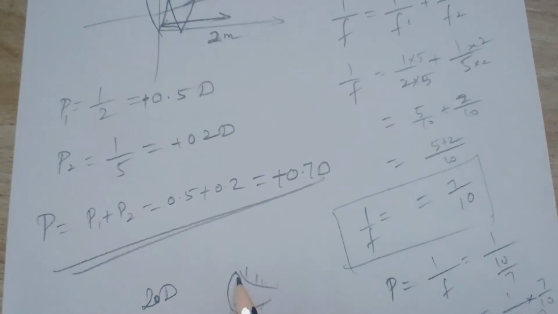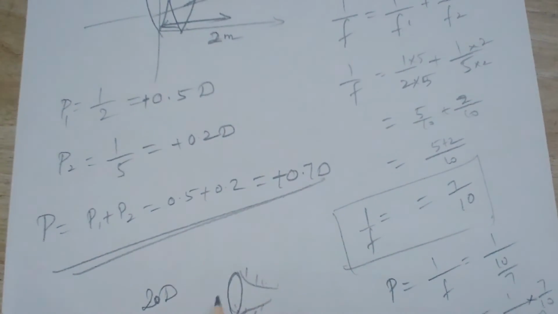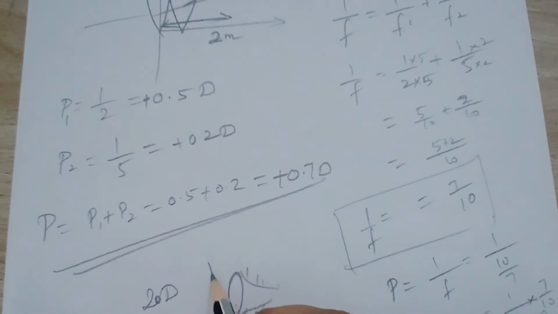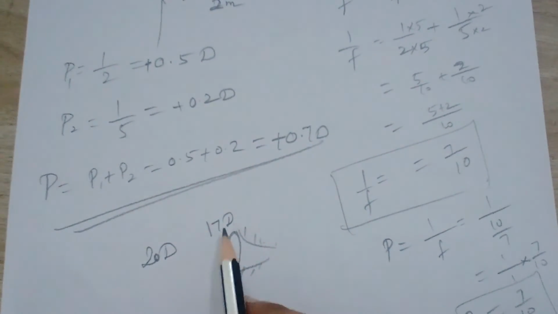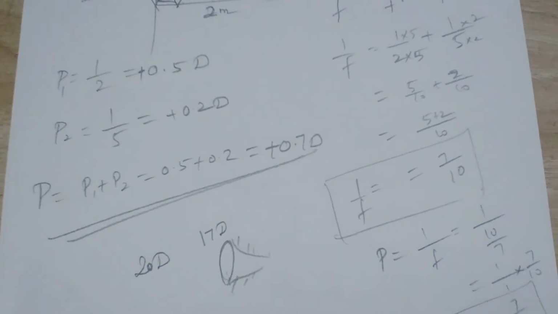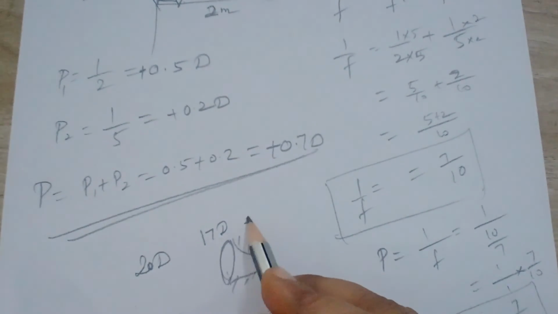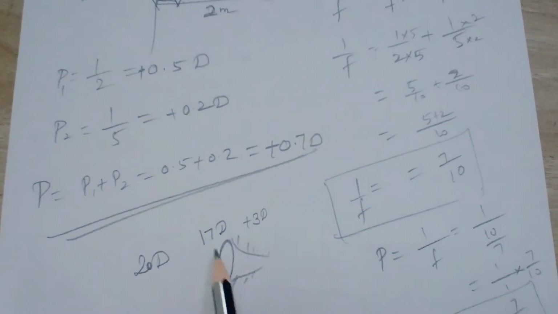Okay, but you are having only, for example, 17 diopters power. Okay, your eye is having only 17 diopters power to get the image. Okay, so he needs 3 diopters to be added up.